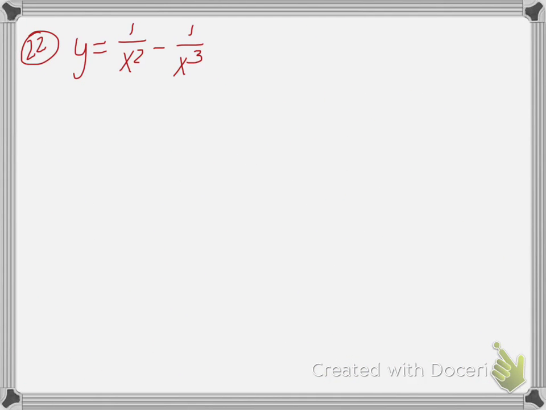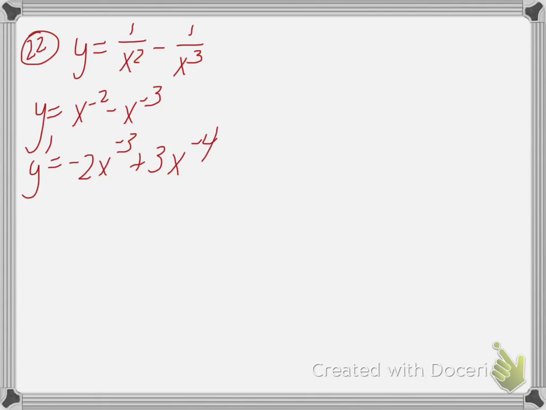Okay, here's number 22, and we're looking for points of inflection, so that's the second derivative. So I'm going to change the form first. And this is the first derivative. And then I'm going to find the second derivative.